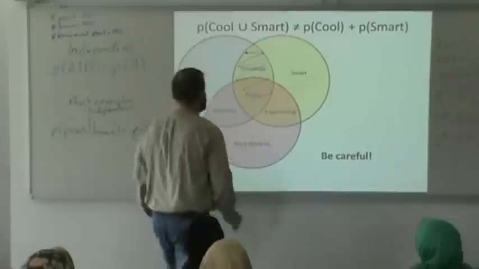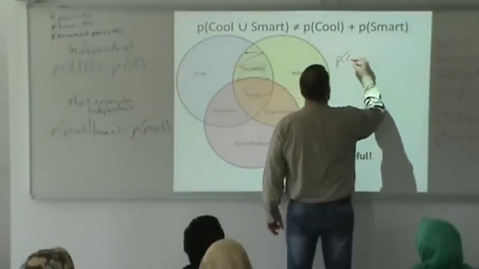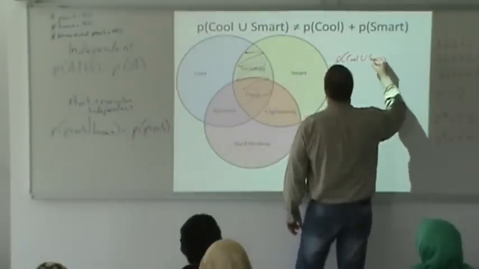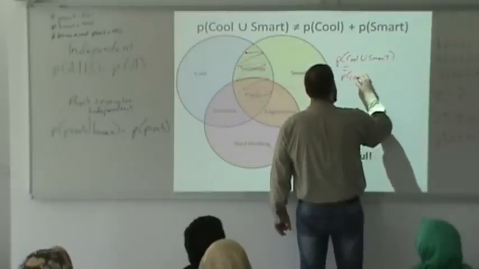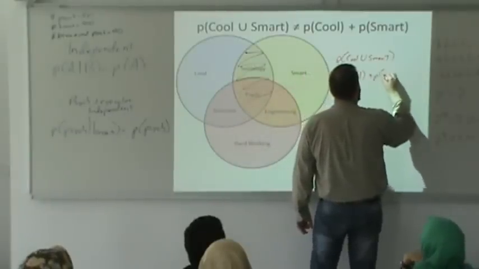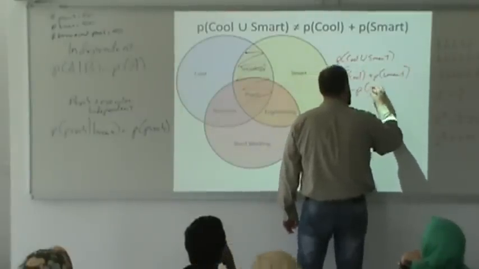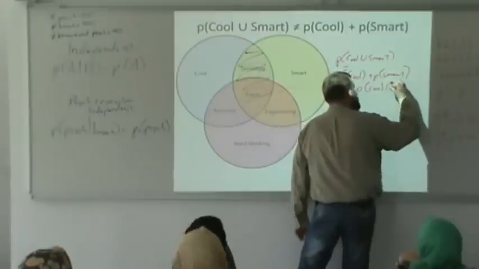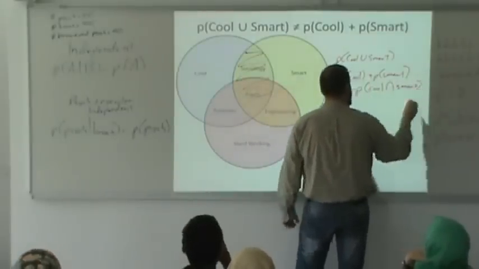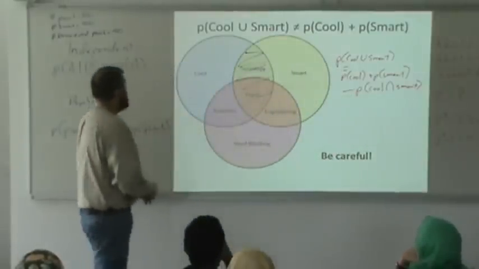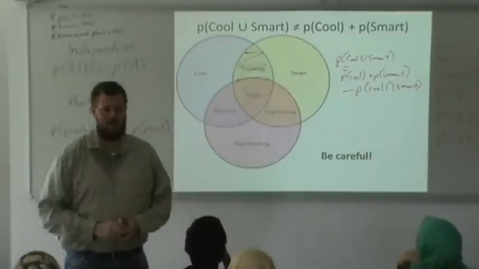So for non-mutually exclusive events, probability of cool union smart will equal probability cool plus probability smart minus probability cool intersection smart. Yeah. How about the probability of cool or smart or hardworking?